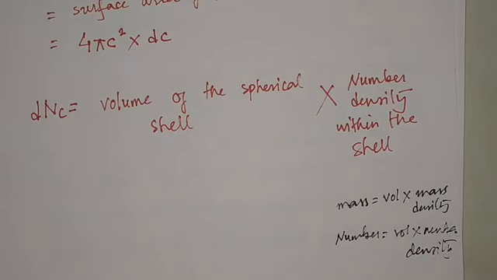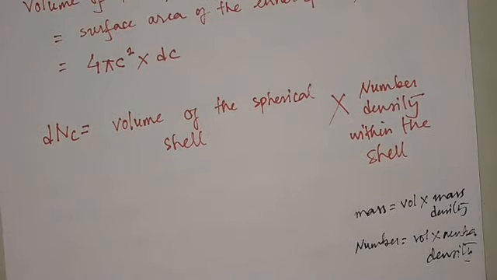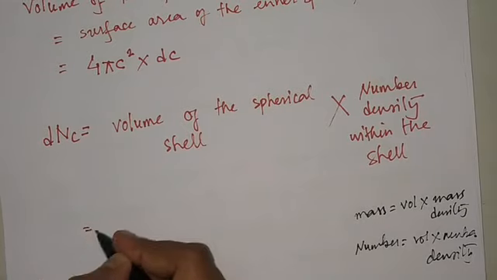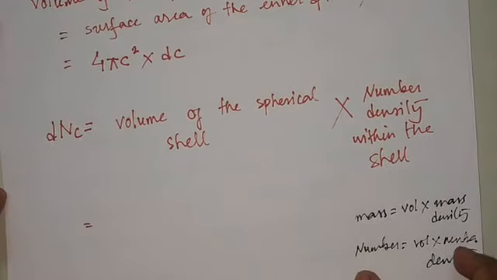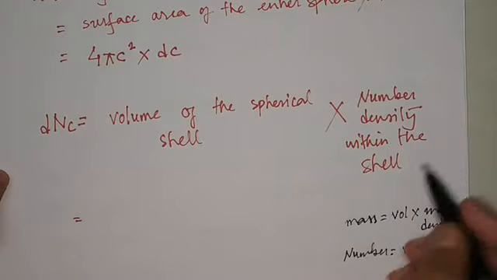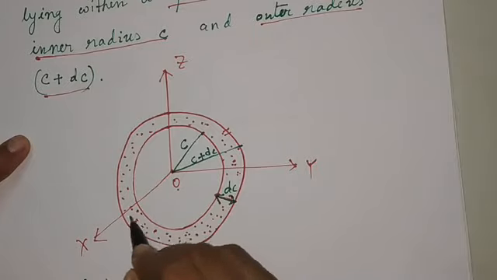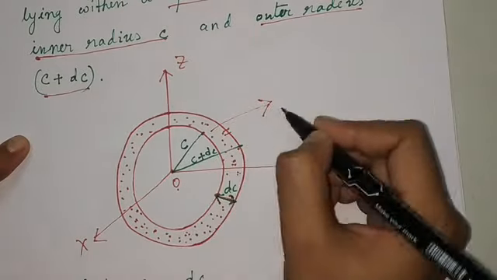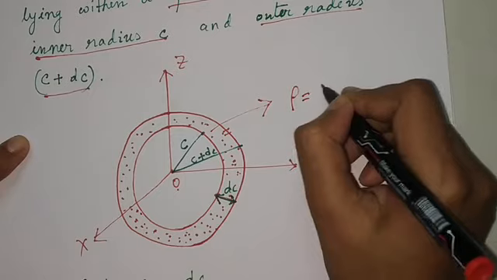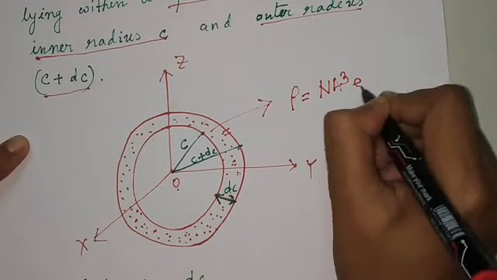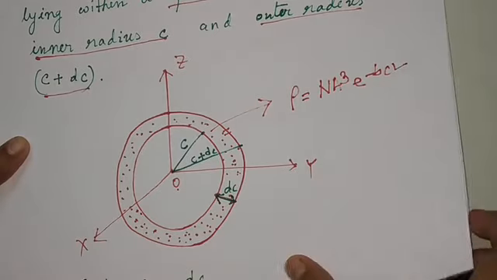Okay, so that's why dnc, the number of molecules lying within this spherical shell, we can find by taking the product of the volume of the spherical shell and the number density within that shell. Okay, and what is the number density over here? It is rho equals n a cube e to the power minus b c square.